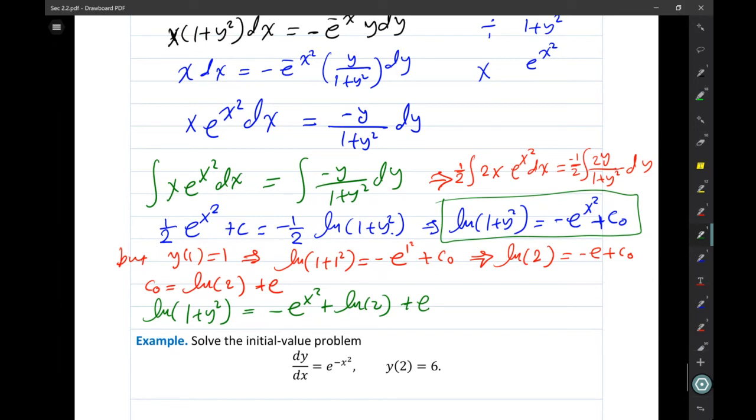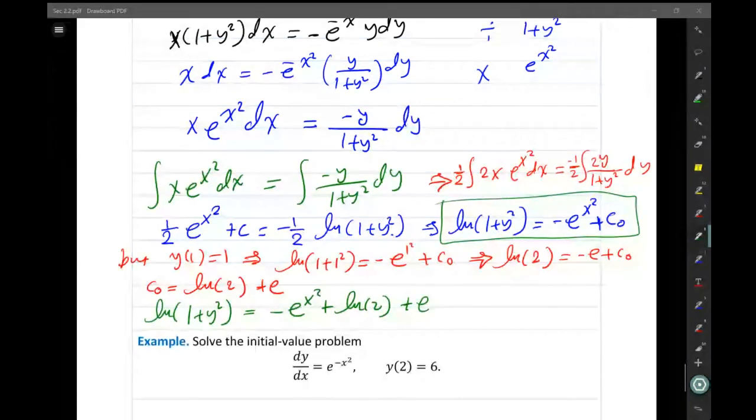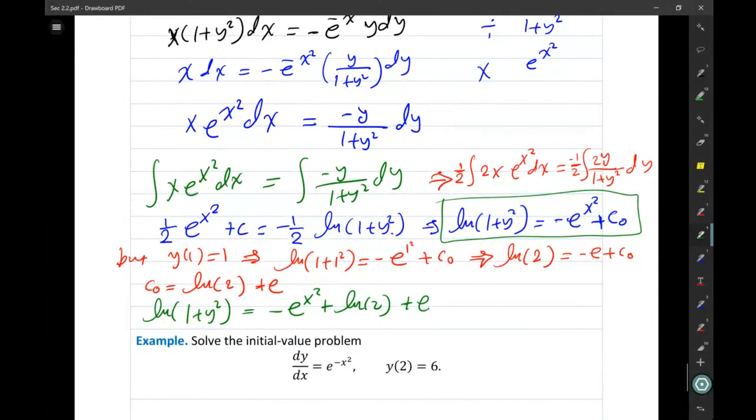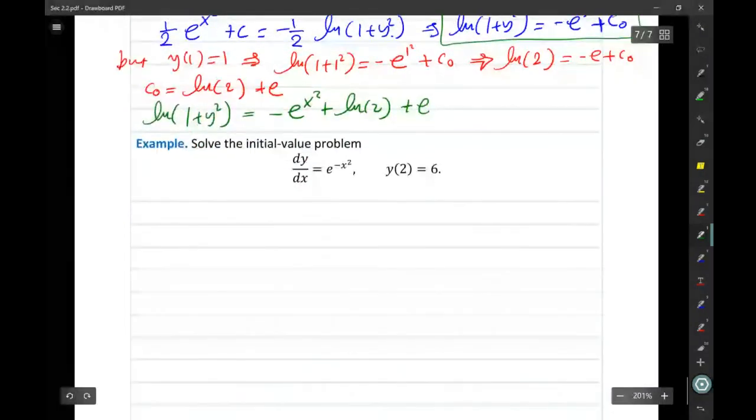Who can tell me we can simplify it? Why, Abdul Ghani? Maybe we can let ln 2 plus e equal c1. Yeah, maybe. This can be simplified easily. How?